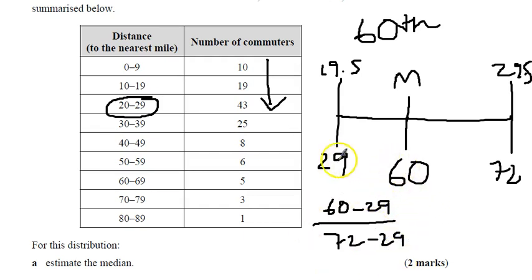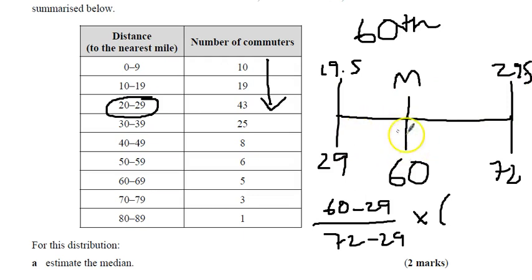That gives us the proportion that we've gone through this gap here. But we want to scale that proportion to be equivalent to the distance. So we then need to multiply that by the total size of this.